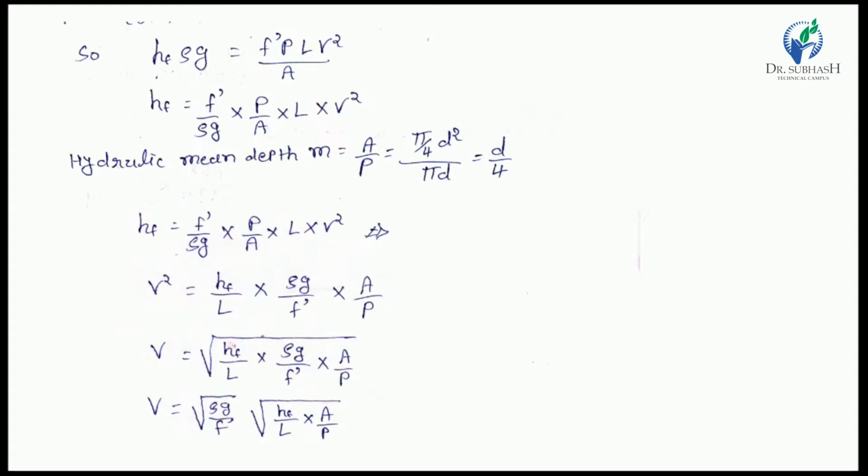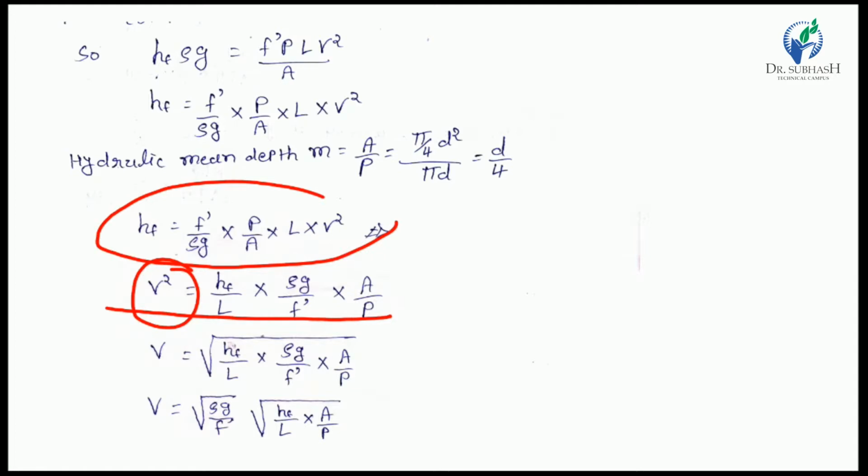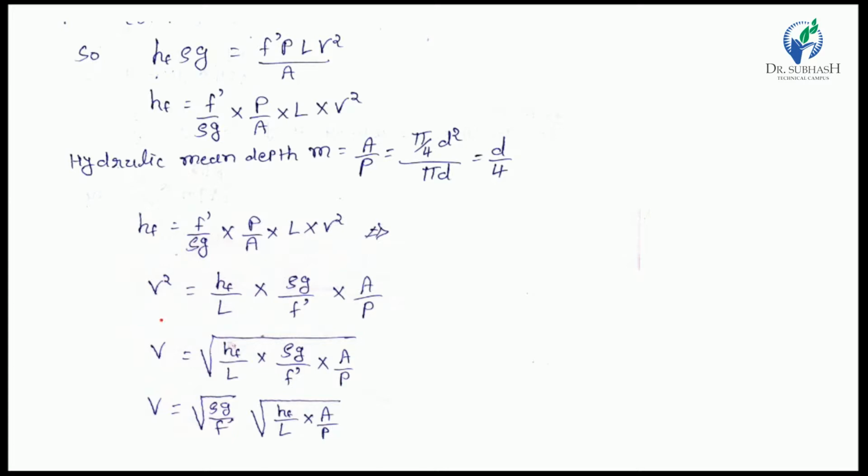Now from this relational equation we have to find the equation for velocity. So velocity square is equal to HF upon L, rho g upon F dash and A upon P. Now the square is removed from both sides, so on the right side all elements of the equation are under root.